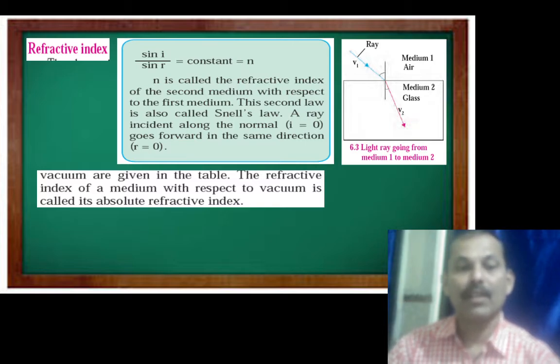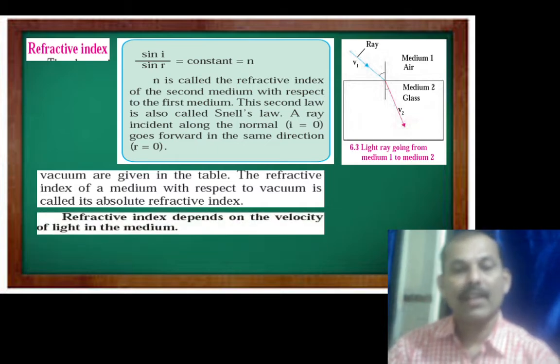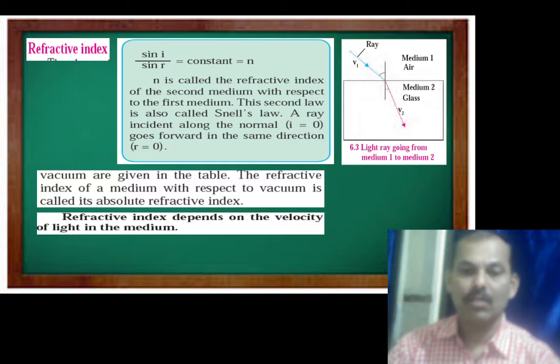The refractive index of different media is different, but mostly we consider the refractive index with respect to vacuum, and that is called absolute refractive index. Refractive index depends on the velocity of light in the medium.